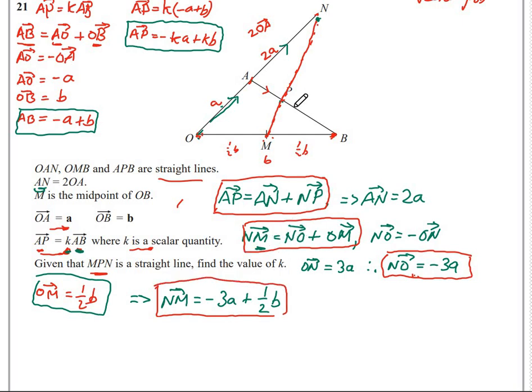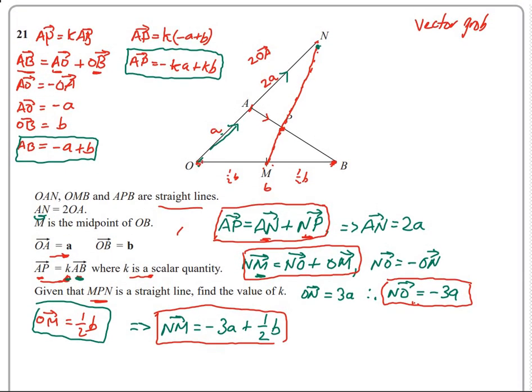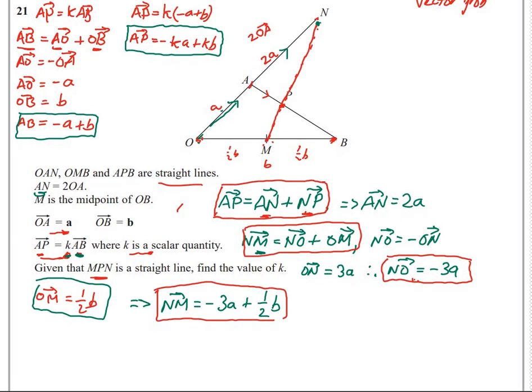Now, why did we want to find NM? Remember, we wanted to find NM because the line MP is part of NM, and we wanted to find AP, and AP equals AN plus MP. So now notice that MP is a part of the line NM, which means, now this is probably another place where people get stuck, because we know what NM is, but what's MP?